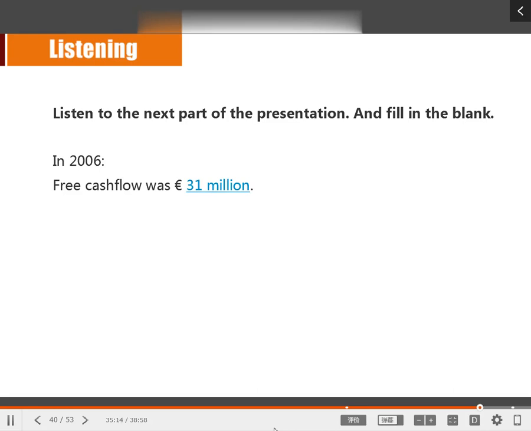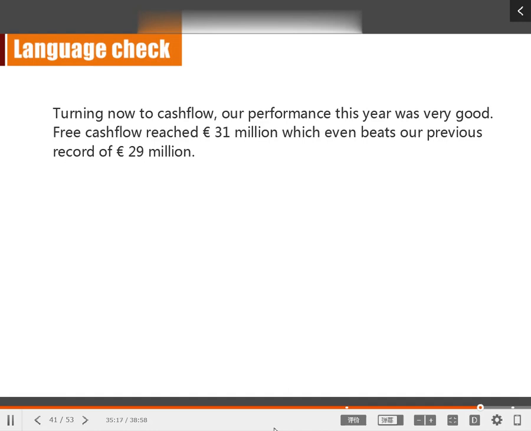Now here, let's take a look at the language points in this part. So here, in this part, I'd like you to focus on the word beat. Beat means 打败、击败。好，我们今天的现金流呢是达到了3100万欧元这样一个峰值。那这样的成绩呢是超过了我们之前的2900万欧元的这样一个记录。Okay, that's all for this part.